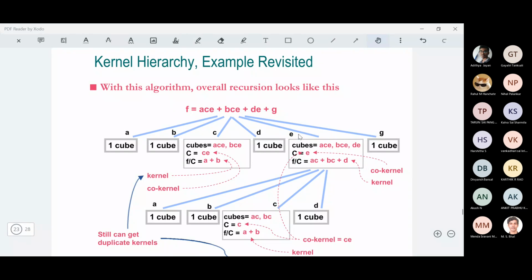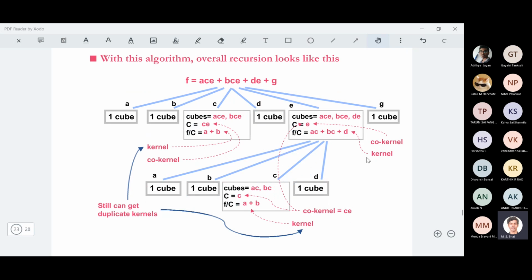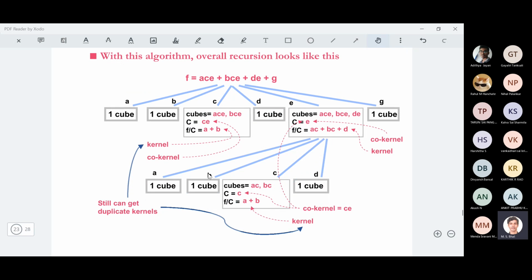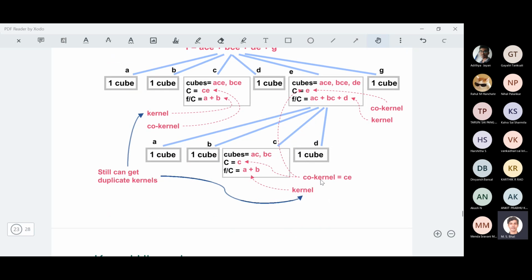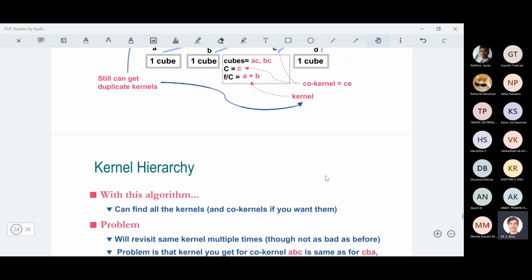Similarly, E can be a co-kernel because E is present in three cubes and the kernel is AC plus BC plus D. And finally, G is present only in one cube, therefore it cannot be a co-kernel. So like this, you can find the kernels and co-kernels.